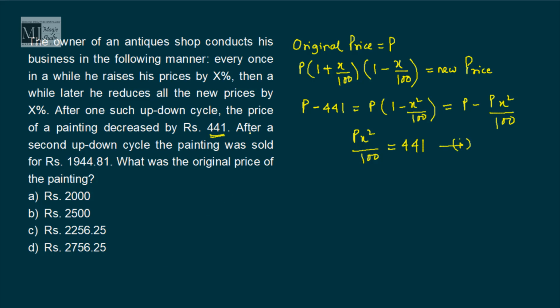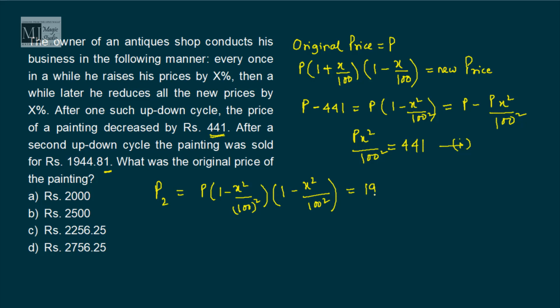After a second up-down cycle, the painting was sold for rupees this much. So what would the price after the second up-down cycle be? P into 1 minus x square by 100 square, sorry, this should be 100 square. 1 plus a into 1 minus a is 1 minus a square, so 1 minus x square by 100 square into again 1 minus x square by 100 square.